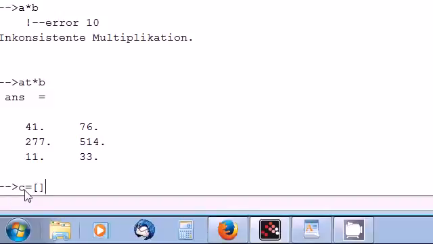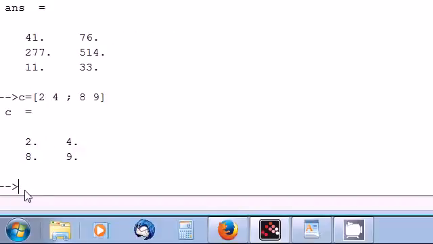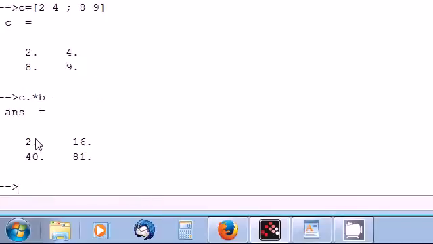So let's create one C matrix, again 2 by 2, and multiply it by B. In order to multiply it element-wise we need to use this dot symbol here, and it will mean element-wise, and matrix multiplication again, let's see, by B. So the first time we multiplied element-wise C by B, and the second time we multiplied as matrices.